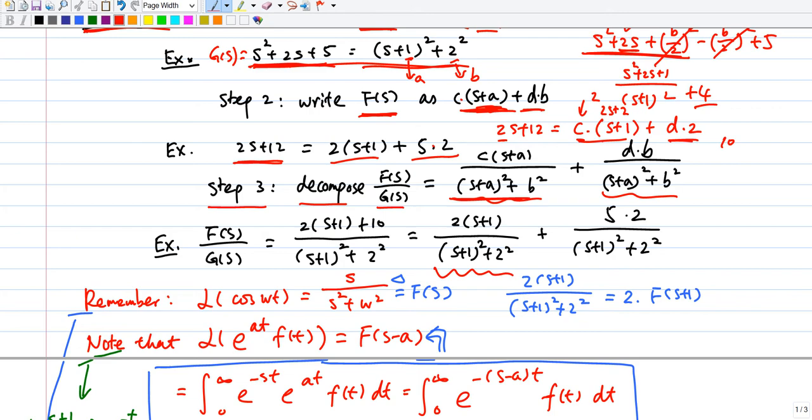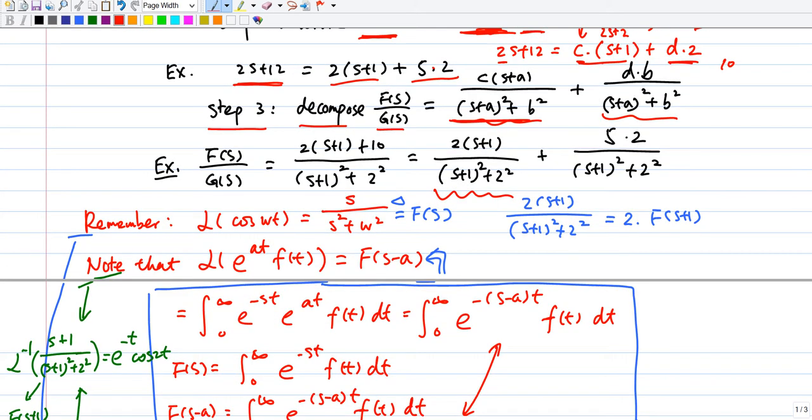Before talking about how to do the inverse of this, I will show you some existing properties. I'm going to use them to figure out the inverse of these two terms. In the previous lecture, when we talked about the properties of the Laplace transform, I said the Laplace transform of cosine(wt) is s divided by s squared plus w squared.